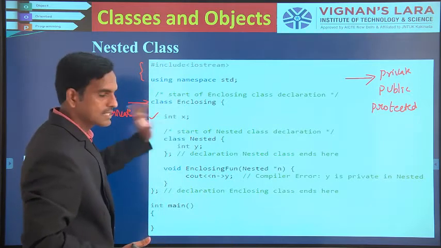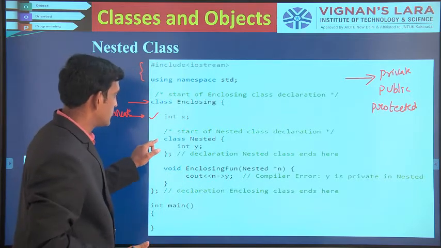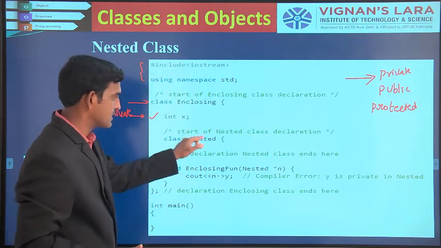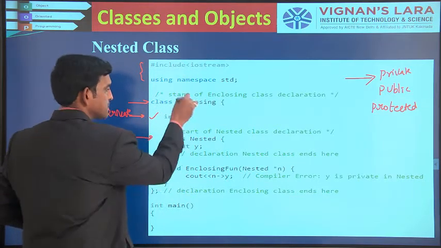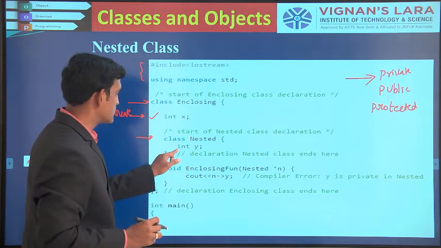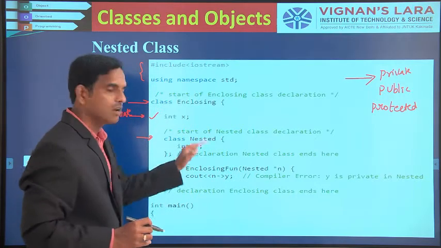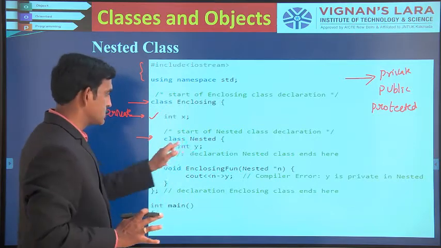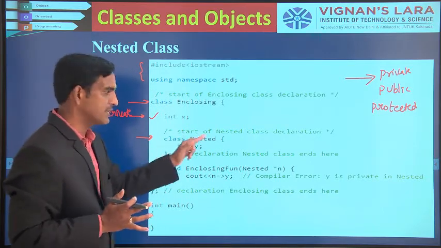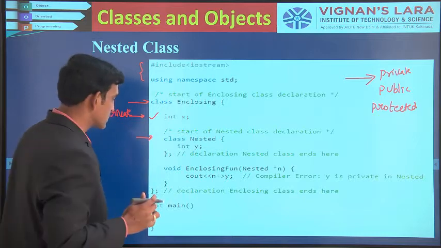So x is a private member here. Next I have written class nested, that is another nested class. Nested is present in enclosing. Inside that I have declared another variable y. Now y also is a private variable, since I have not specified anything; by default it will be private.